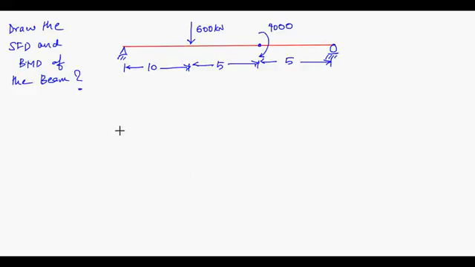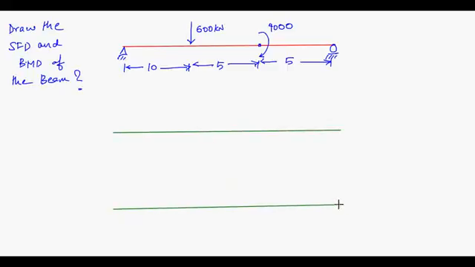Let's start. Okay, here you can draw your shear force diagram, here you can draw your bending moment diagram. Okay, always draw it like this, just below the normal beam. This will be your SFD and this will be your BMD. Okay, what is my first step?